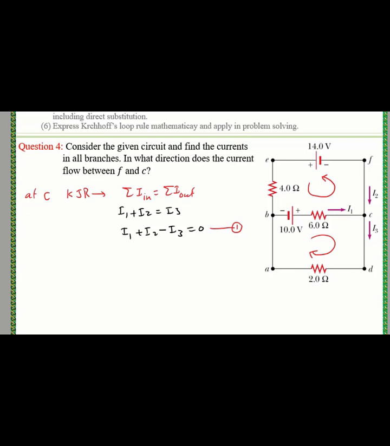You can take any direction you want since the question doesn't suggest anything. Now on the upper one, I will start from B, going to C, then F, then E, going back to B. I will have sigma IR equals sigma EMF.